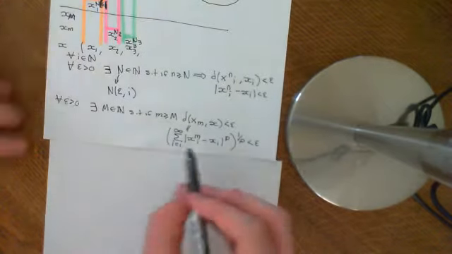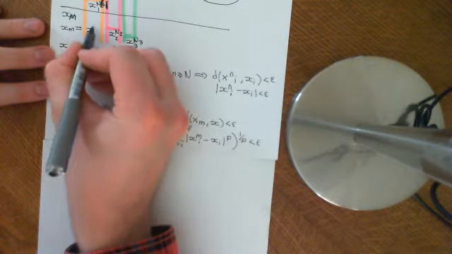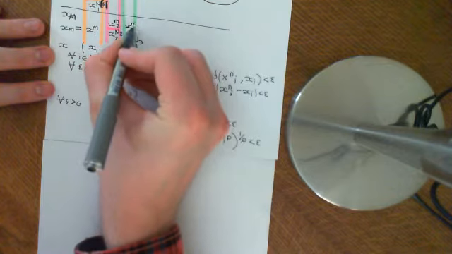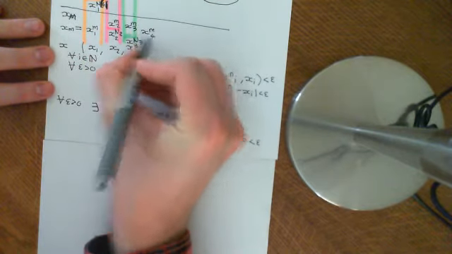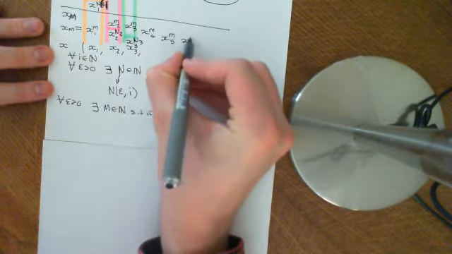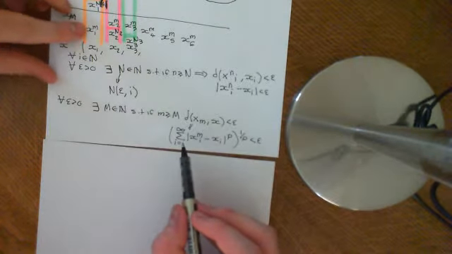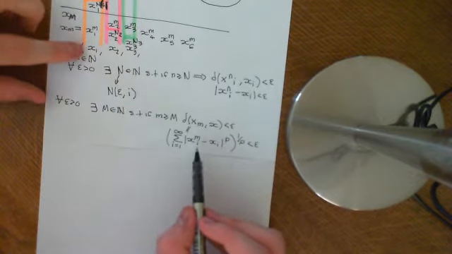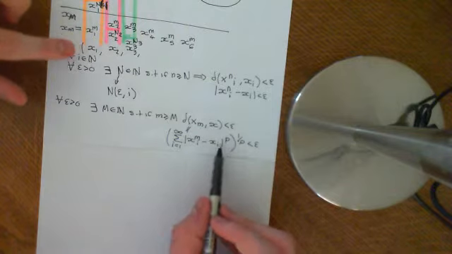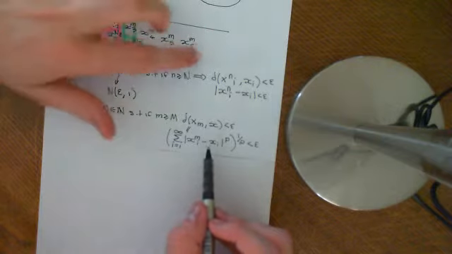So just to recap what this distance is, if we write out what the sequence x_m is, it's x_m1, then we've got x_m2, x_m3, x_m4, and I'm sorry it's going off on a bit of a hill there, x_m5, x_m6, etc. And basically what we are doing is we're saying take this first term here in the mth sequence, subtract off the first term in the term-wise limit sequence, take the modulus of that, raise it to the power of p, and then add it to the same thing for the second terms, the same thing for the third terms, etc. onwards.